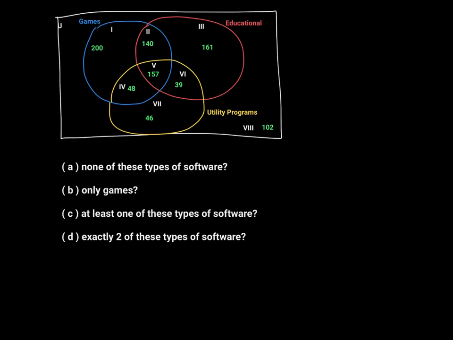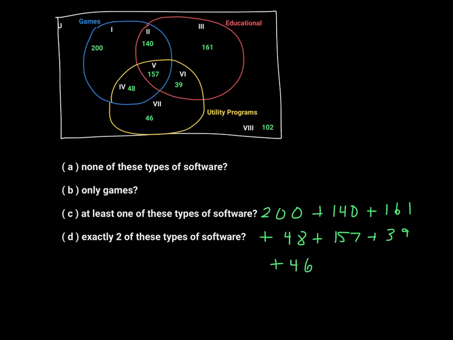That means I'm going to have to add up all of those customers from regions 1 all the way through region 7. You're going to have to do 200, this is for answering question C, plus 140, plus 161, plus 48, plus 157, plus 39, plus 46.